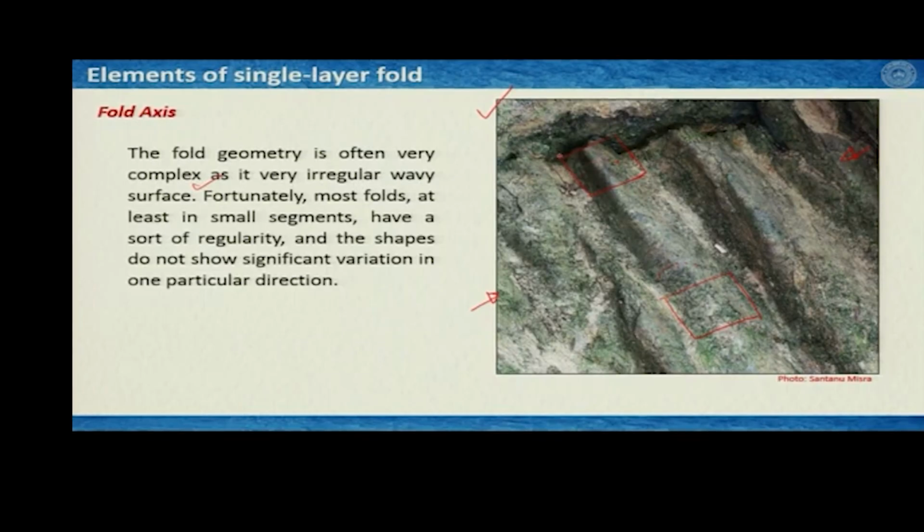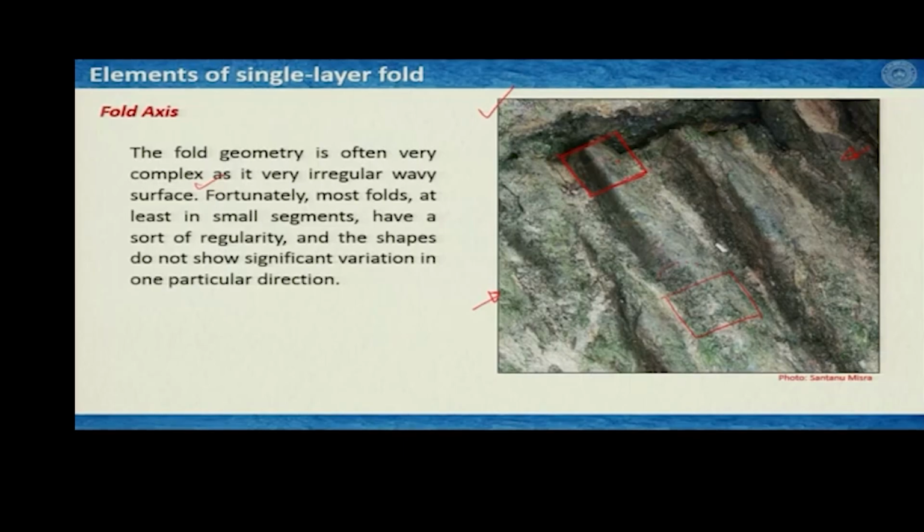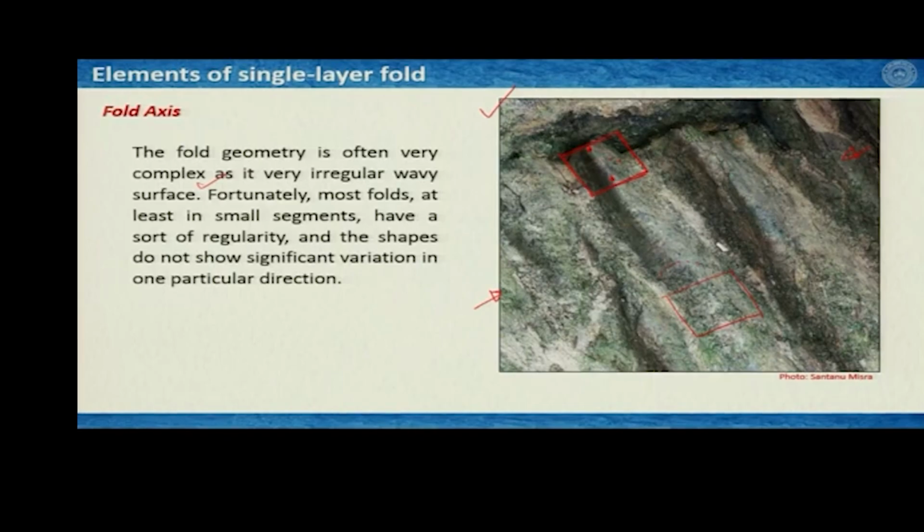If I concentrate on this little box that we have drawn here, we can convince ourselves that the deformation is more or less homogeneous. The interlimb angles, if I measure here and here, are very consistent. In the next slide we will try to define the fold axis based on this segment.